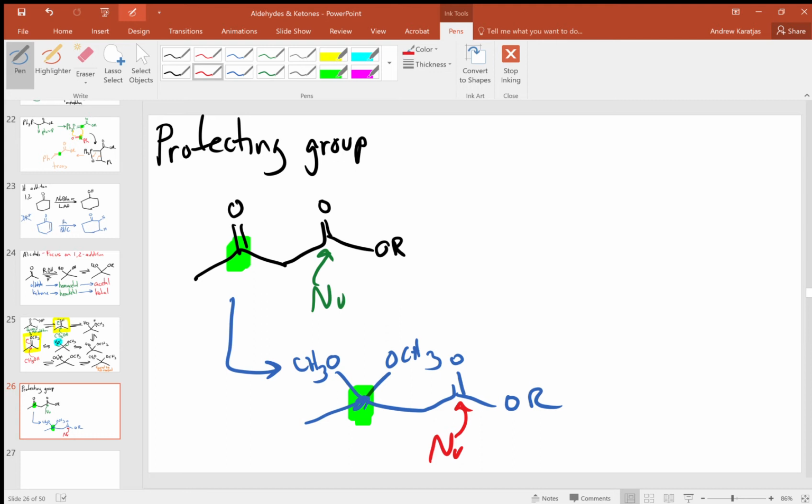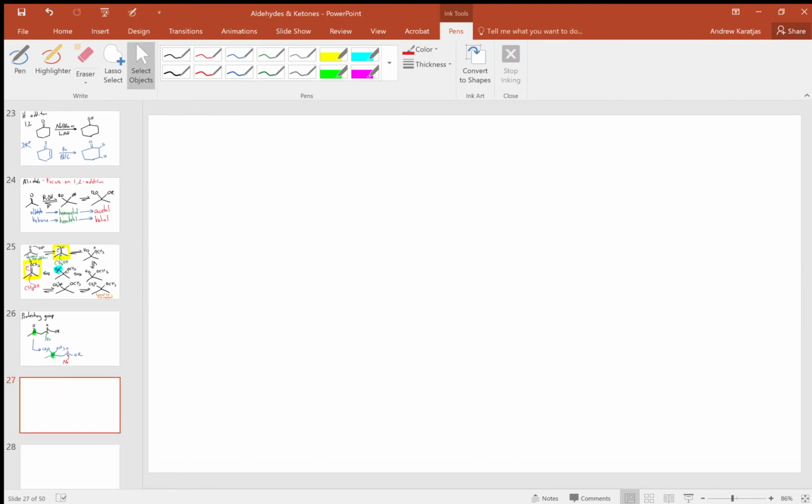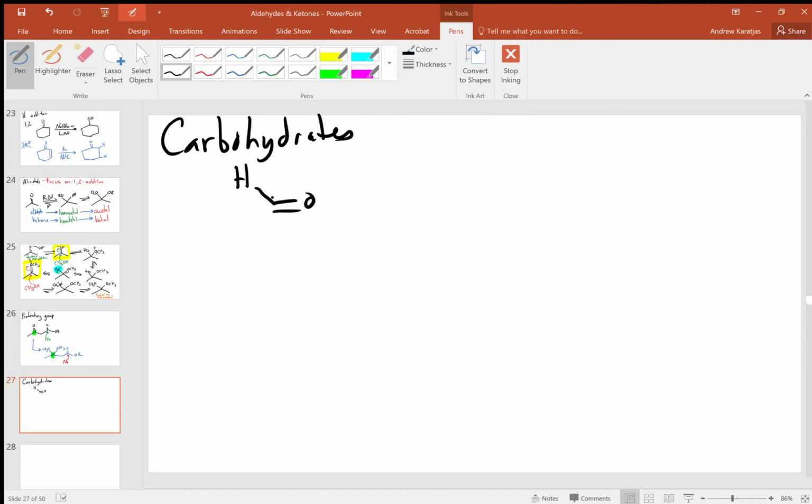But for our purposes, what we might view as the most important application of this reaction shows up in carbohydrates. And we'll show one example here using glucose.